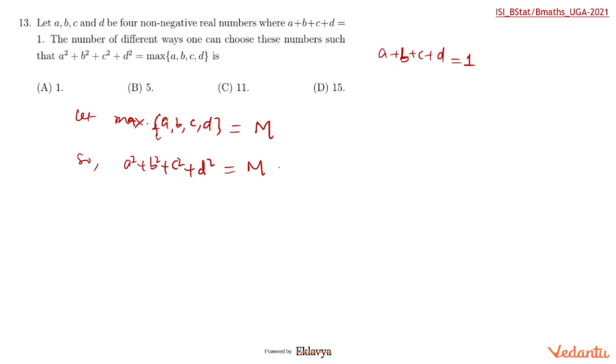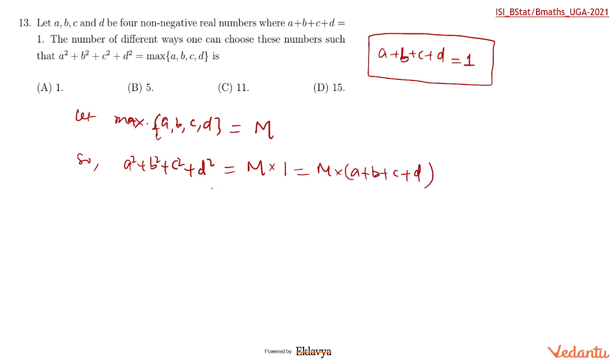So A plus B plus C plus D is equal to 1. How can we use this? As the left hand side is of degree 2, with A square, B square, C square, D square, each term having degree 2, in order to make it homogeneous, we'll multiply M with 1, and 1 we can write as A plus B plus C plus D. Obviously this right hand side is bigger than the left hand side.